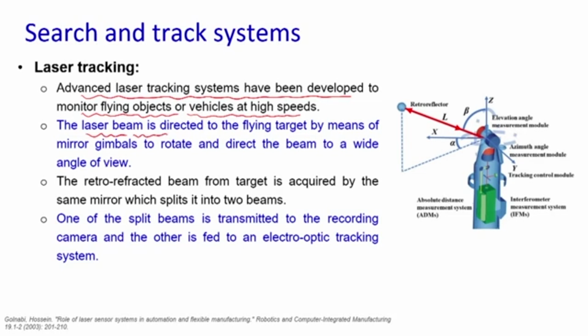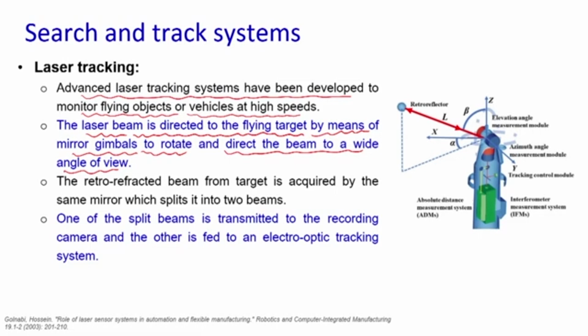We are applying the laser beam on the flying target or the moving object by means of mirror gimbals, and these mirror gimbals are rotated, directing the beam to a wide angle of view. So, we are applying the laser beam energy by using mirror gimbals on the part which is moving on the shop floor.